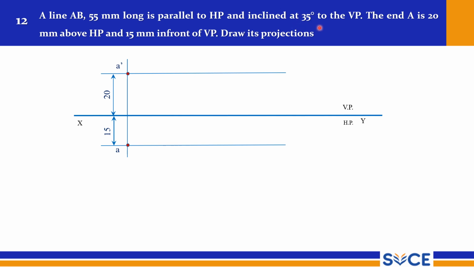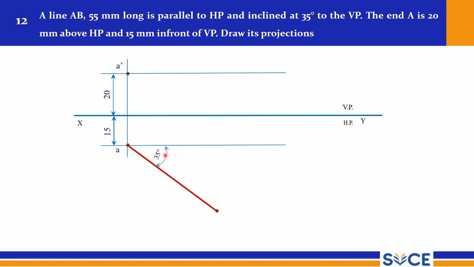Now we need to draw the true length line at 35 degrees to VP. From here measure 35 degrees and draw a thick line, that becomes your AB, with a length of 55 mm.